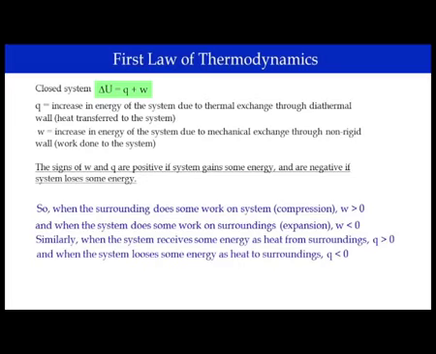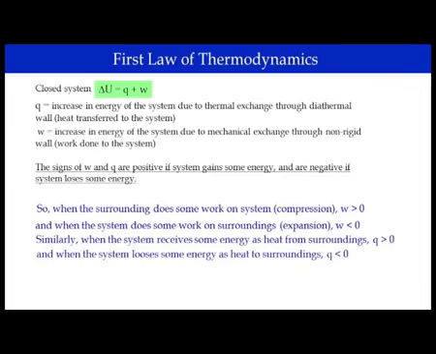So, the signs of W and Q are positive if the system gains some energy, or there is an increase in energy of the system, and they are negative if the system loses some energy, or there is a decrease in energy of the system. So, please remember that W and Q are positive if the system gains some energy and negative if they lose some energy.